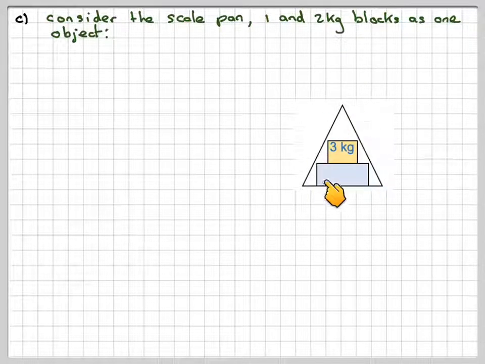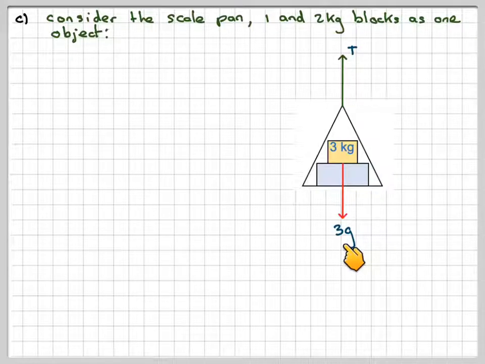So its total mass is 3 kilograms. The pan is light, so it has no weight. So the forces acting on that will be the tension acting upwards and the 3g acting downwards, and we're going to have an acceleration acting upwards.